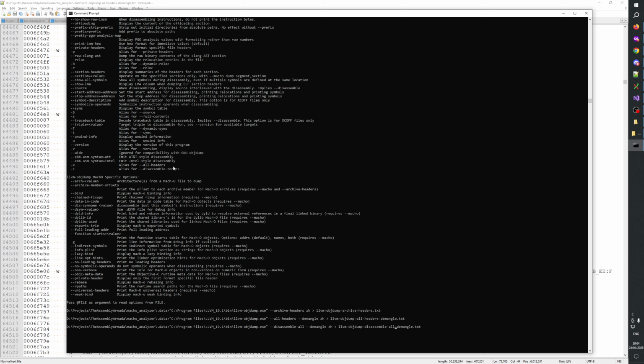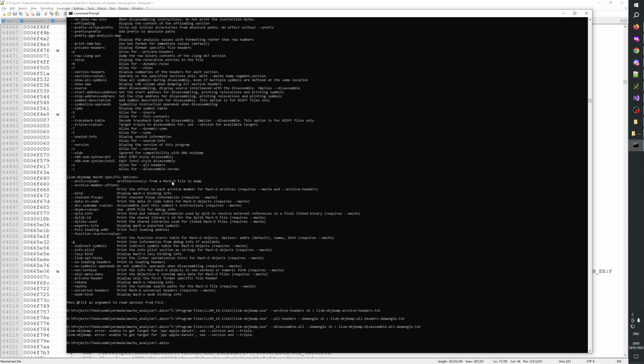Disassemble minus all demangle.txt. llvm-objdump disassemble all demangle. Error. Unable to get targets. Oof. Get targets. Unable to get targets.